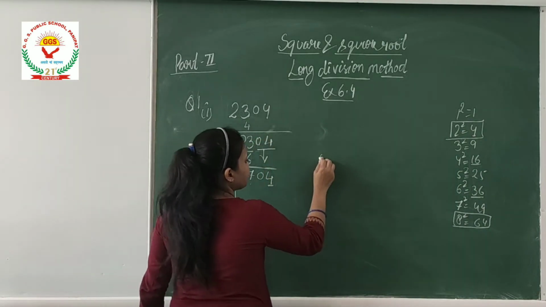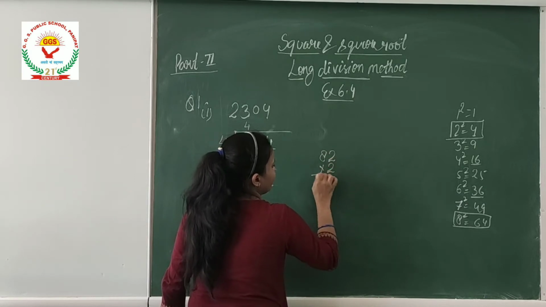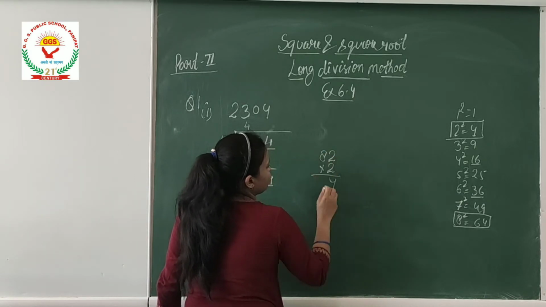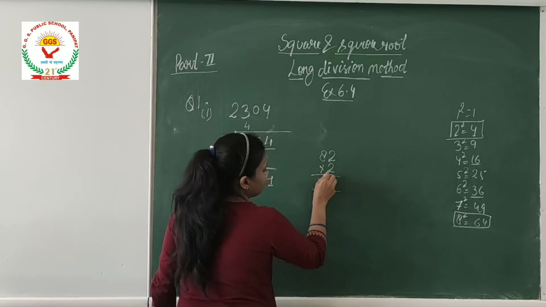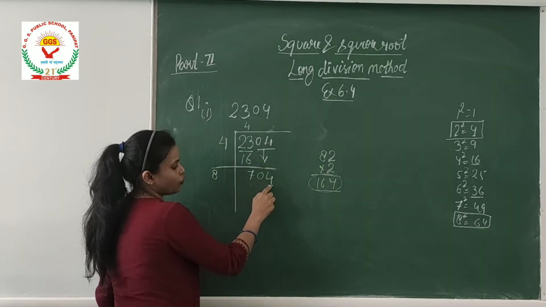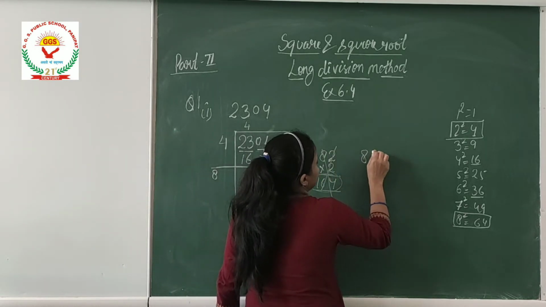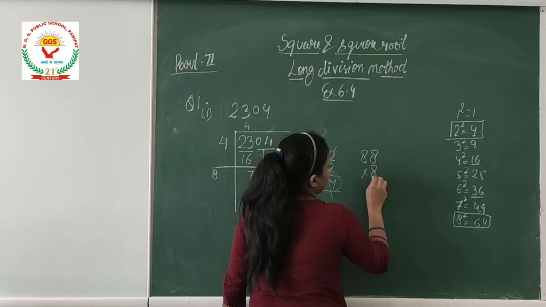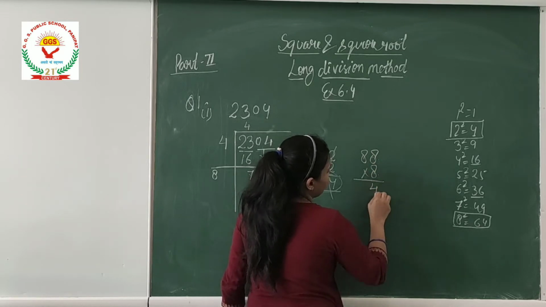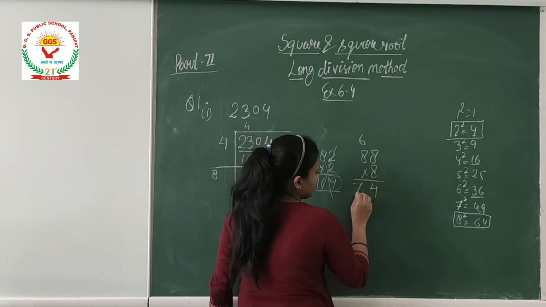Let's try. 2 2s are 4, 2 8s are 16. So this comes very less than 704. This is not our answer. Let's try 8. 8 8s are 64, 8 8s are 64, 64 plus 6 is 70.